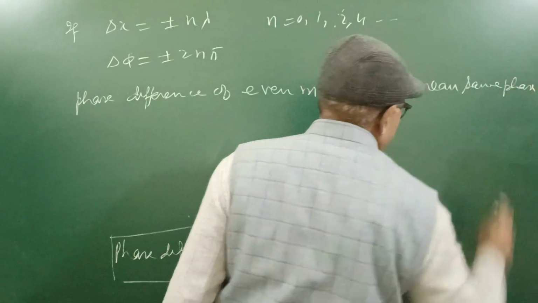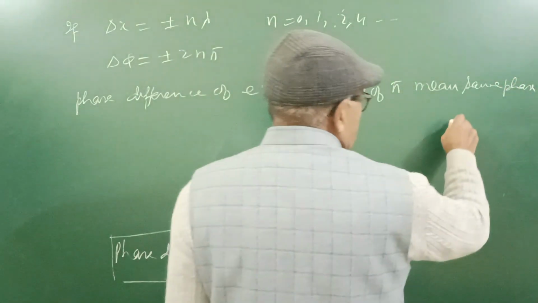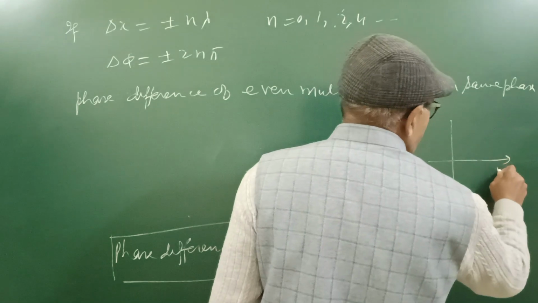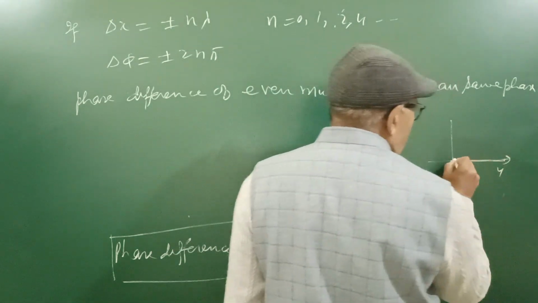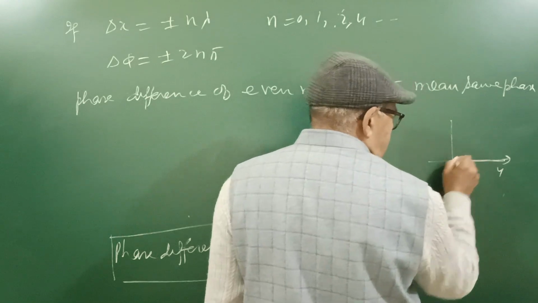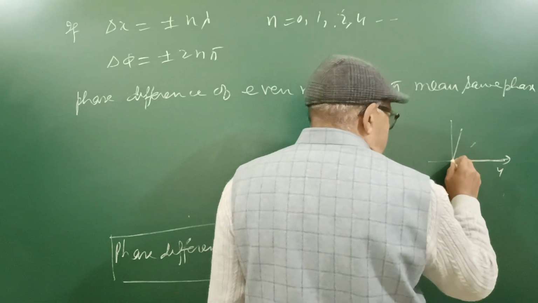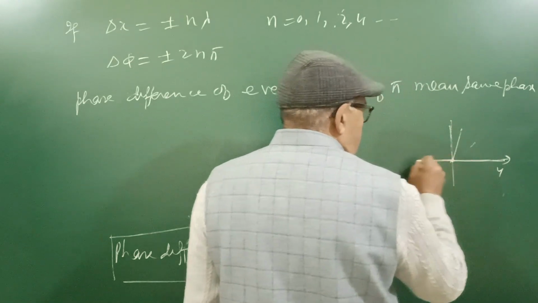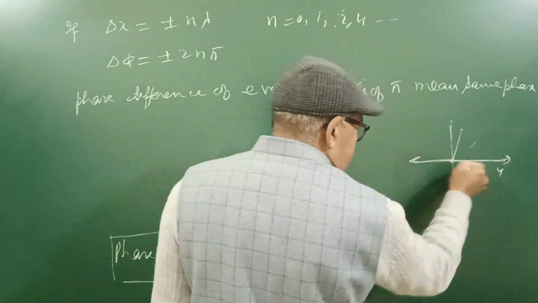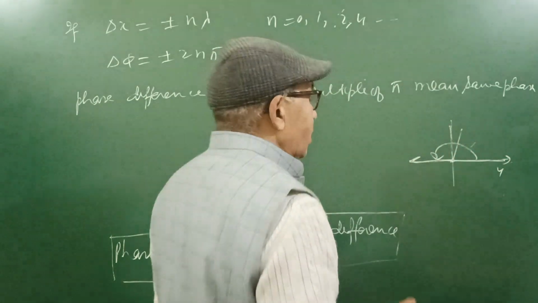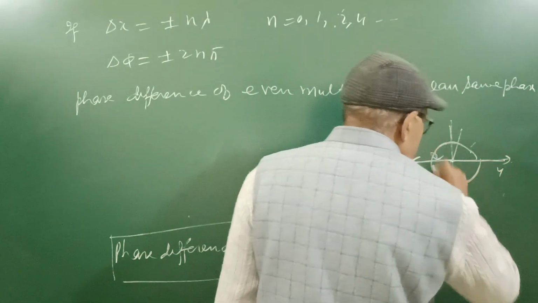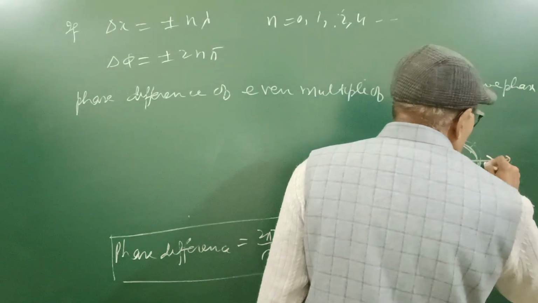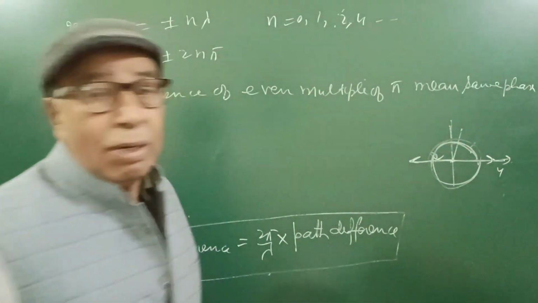How? The direction of y1 is this way, and y2, suppose phi equal to 30 this way, is increasing, and now here at 180 the direction is opposite. It comes back the same whether it rotates this way or this way, and y will be in the same direction.